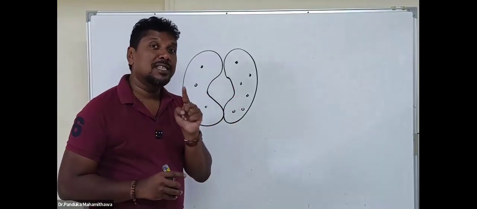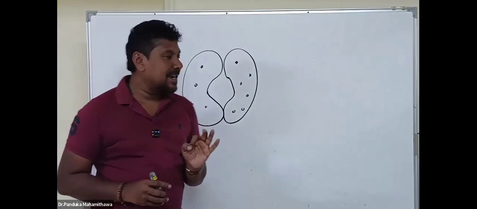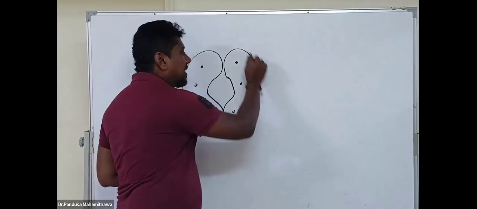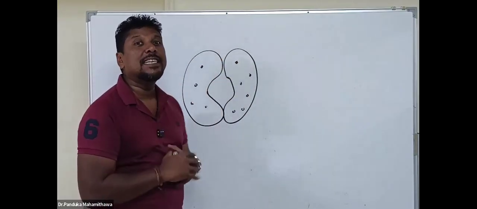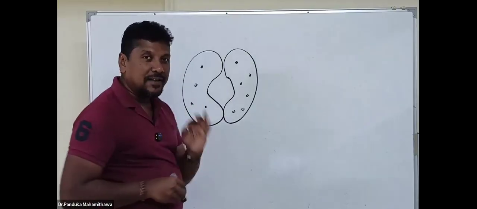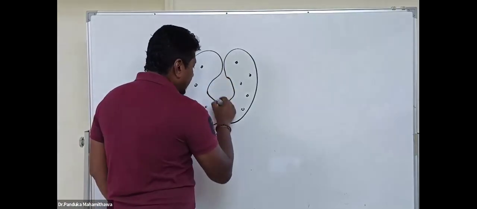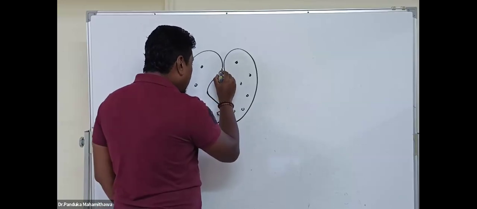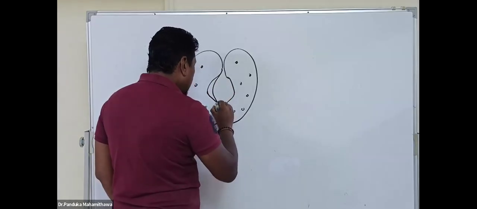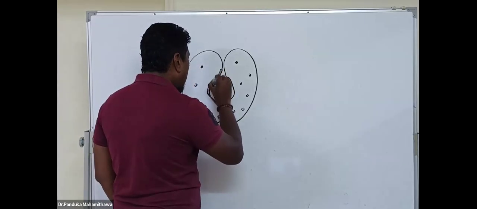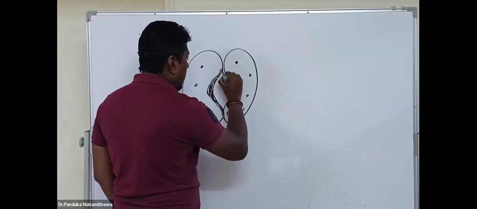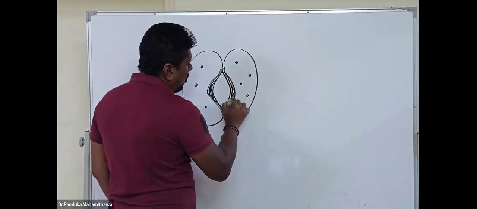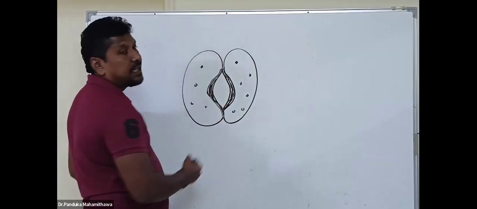Then the other thing is the cell wall thickness, right? Their cell wall thickness is not even throughout the cell. It is uneven. What is the unevenness? The inner cell wall towards the pore is somewhat thickened, like this, whereas the outer cell wall is very thin.